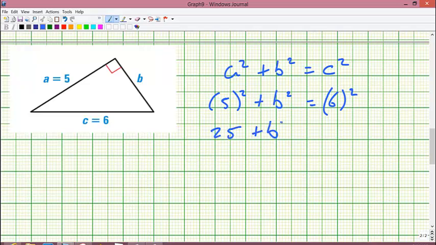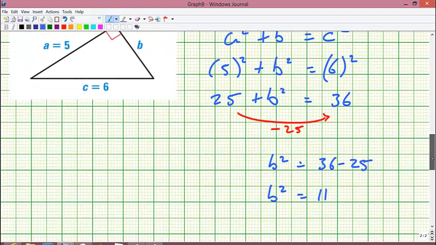Okay, let's evaluate this and work out what the numbers are. 25 plus b squared equals 36. We need to isolate the variable b. We do this by the inverse operation of subtracting 25. So b squared equals 36 minus 25. b squared equals 11. And we then need to just find the square root of that.